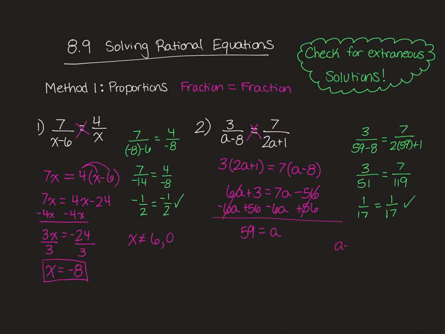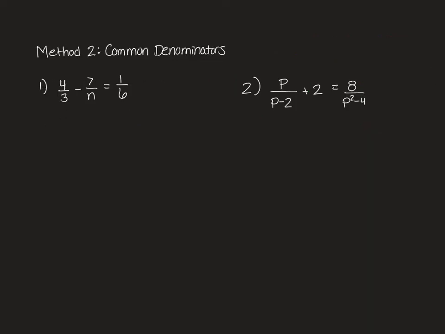So if I set a minus 8 equal to 0 and 2a plus 1 equal to 0, then that means that a cannot equal 8 and a cannot equal negative 1/2. Those values are restricted. They make the denominator 0. So since 59 is not part of those restricted values, this will work.